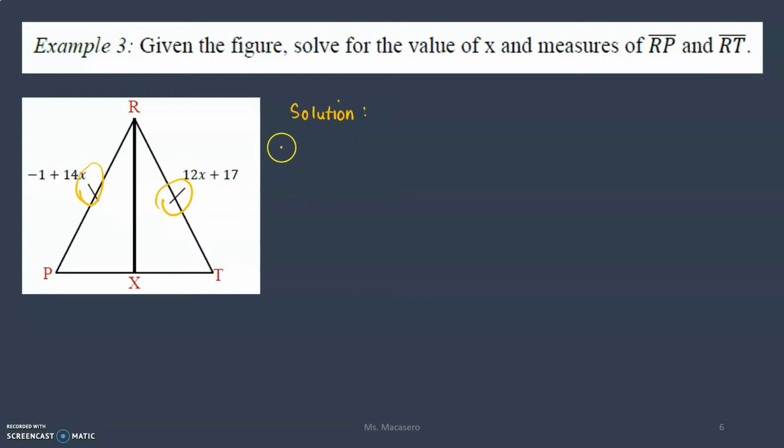So first, we start with segment RP is congruent to segment RT. And that means the measure of segment RP is equal to the measure of segment RT.